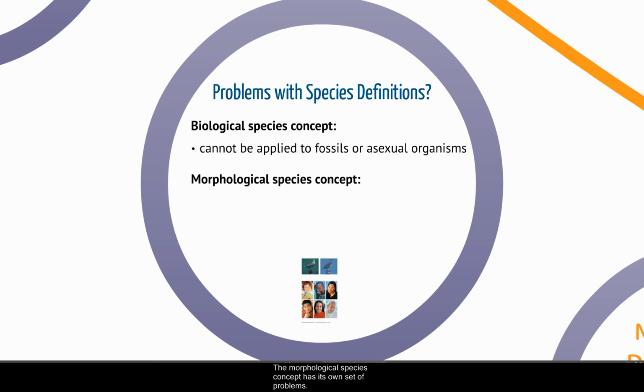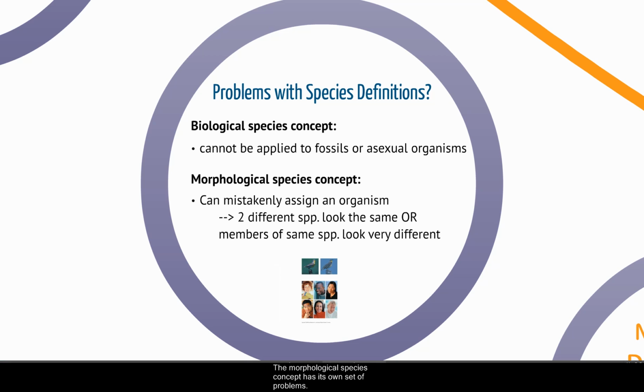The morphological species concept has its own set of problems. While it's practical in the field, you can sometimes mistakenly assign an organism to the wrong group. You can take 2 different species that look the same and lump them together, or you could take members of the same species that look very different and assign them mistakenly to different species.